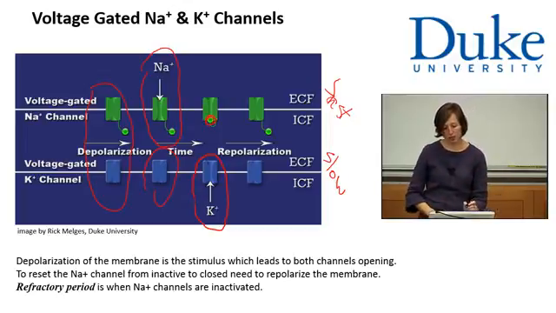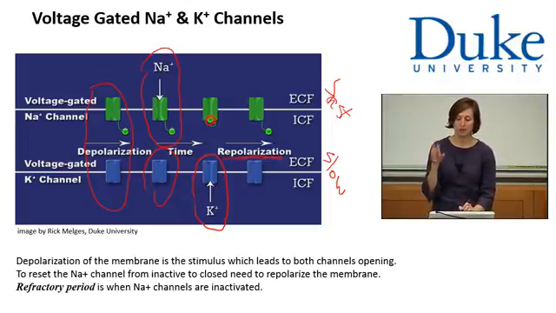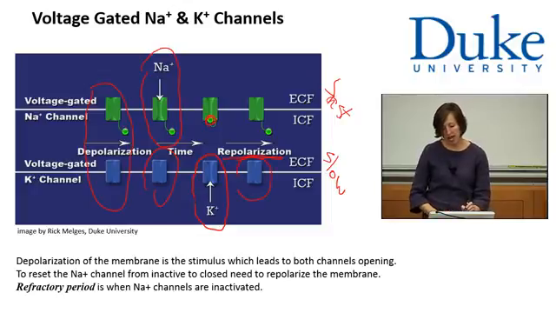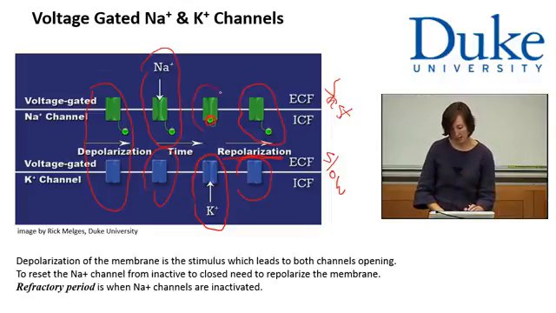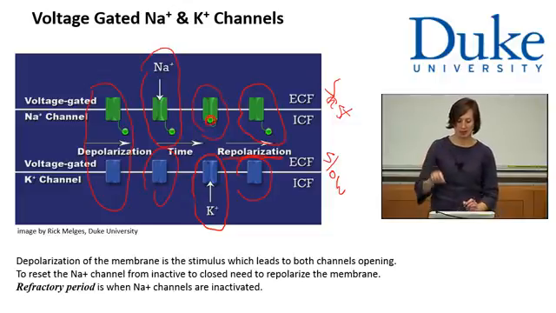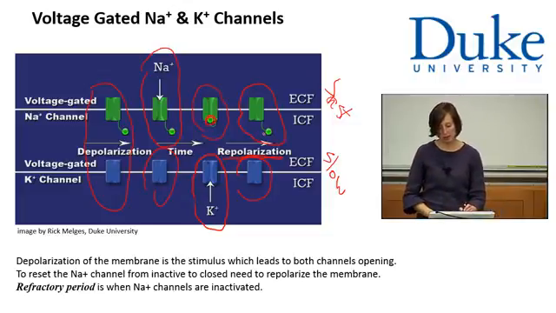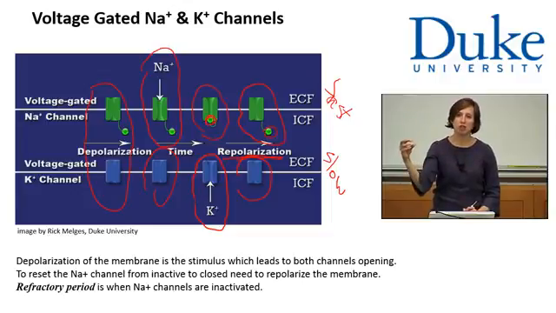And it's that repolarization of the cell that then causes the closing of both the potassium channel and the sodium channel. Now, we know it was in the inactivated state and it wasn't moving sodium ions then, but now since it's in the closed state, it can at least be opened with another change in the voltage.